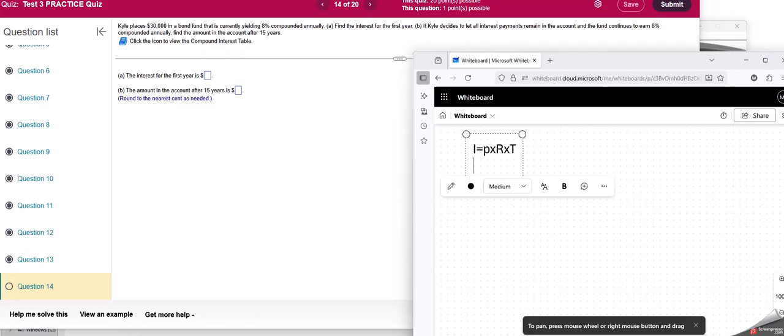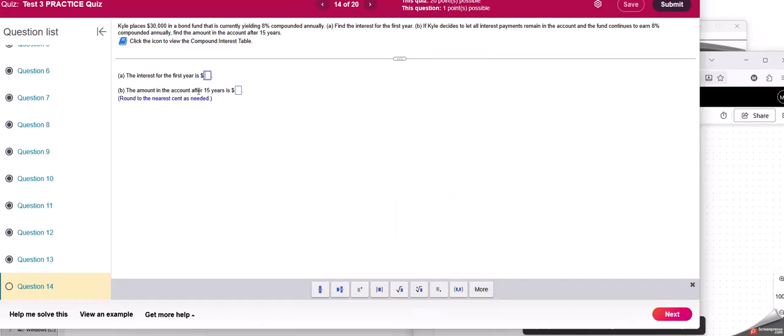We're not doing anything with the time value of money at that point. So the principal is 30,000, the rate is 8%, and then our time is 1 year. So 30,000 times 8% gives us 2,400. So that's our interest for the first year.